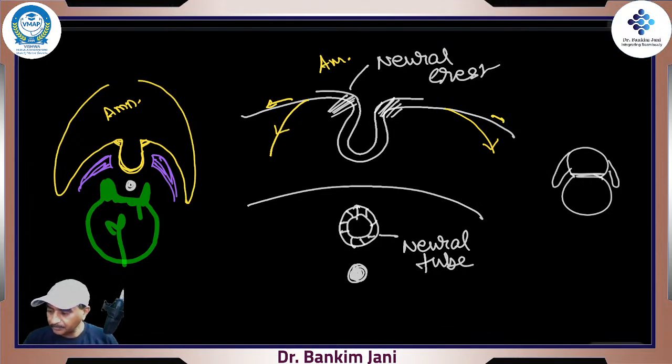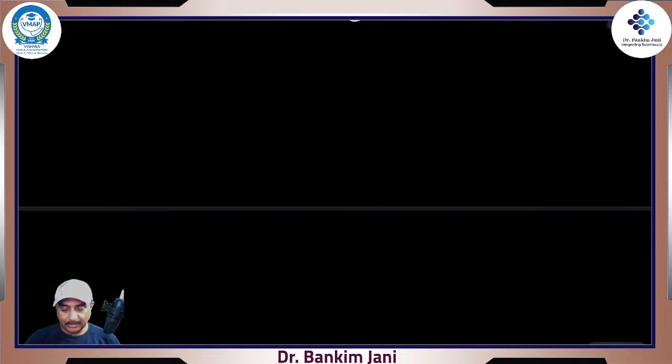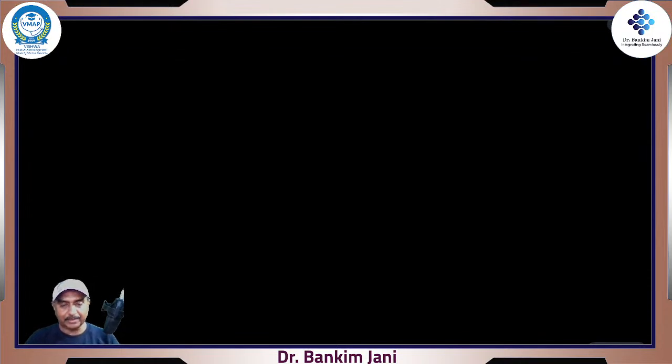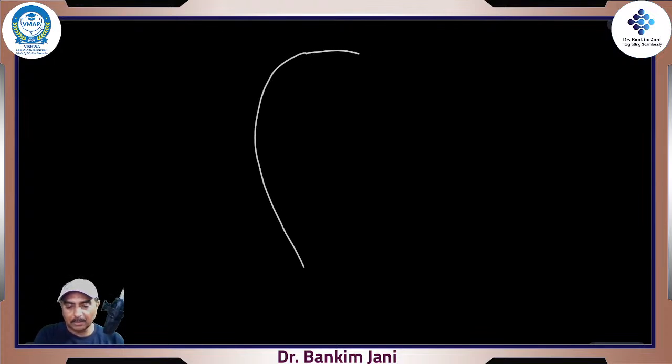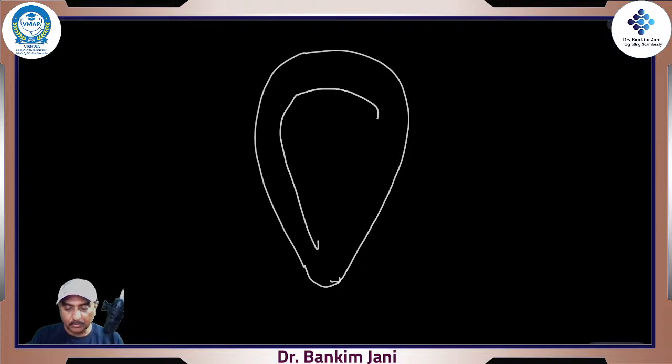Meantime, let's just look at this portion. That is the tube, right? This we did just at the end, just before the completion, we reached that point. So if I really look at this, this was the neural crest, right?